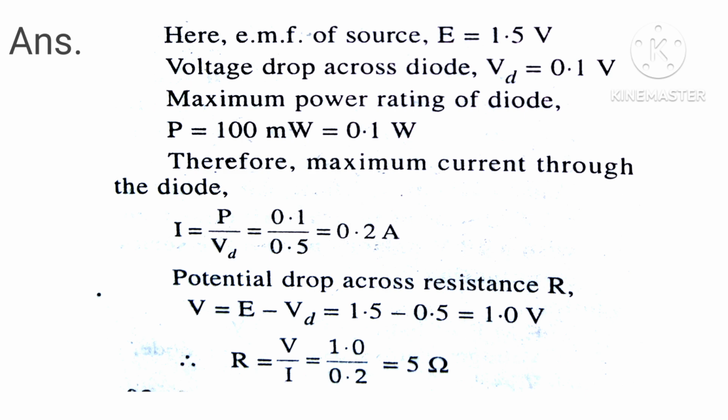So, potential drop across resistance R, V equals E minus VD equals 1.5 minus 0.5 equals 1 volt. So, R equals V upon I equals 1.0 upon 0.2 equals 5 ohm.